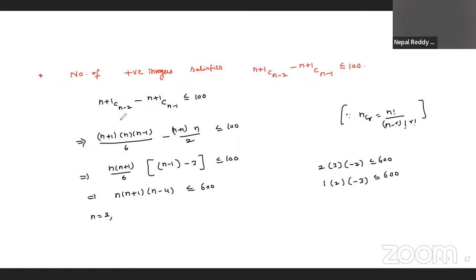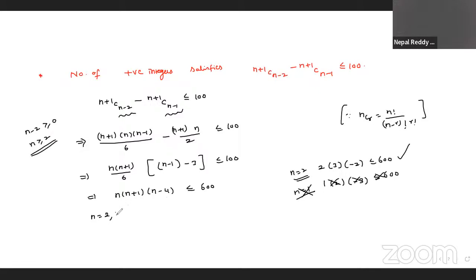But here, since (n minus 2) and (n minus 1) are given, n minus 2 must be greater than or equal to 0, remember. Therefore, n must be greater than or equal to 2. So we just need to take the values from n equal to 2 onwards. n equal to 1 is not valid in this case. Why? Because n is greater than or equal to 2.